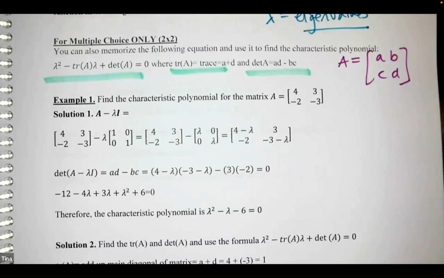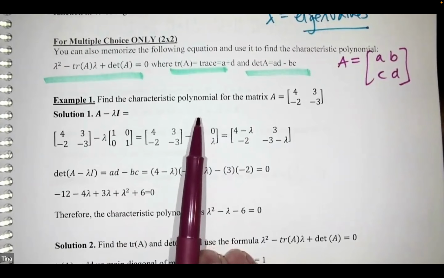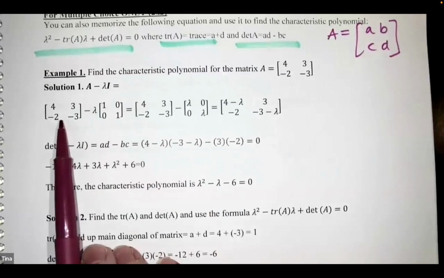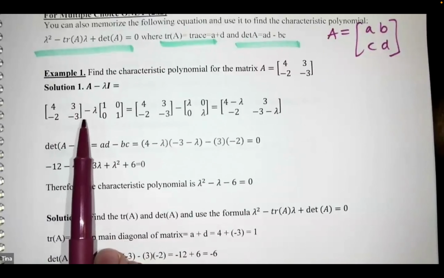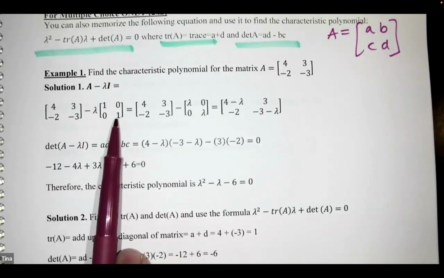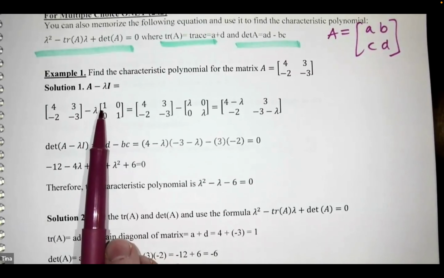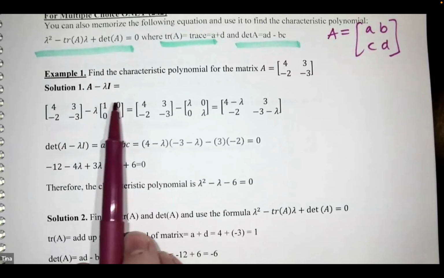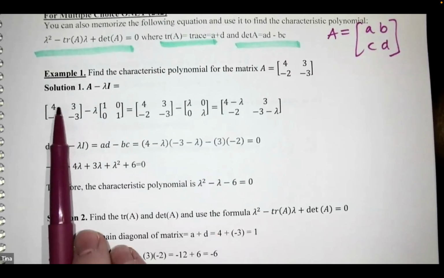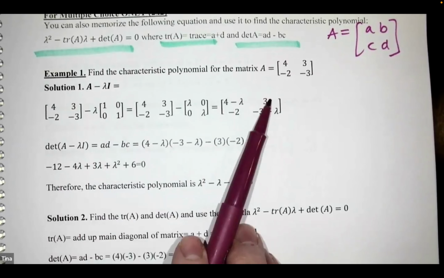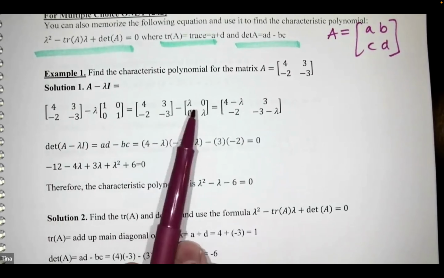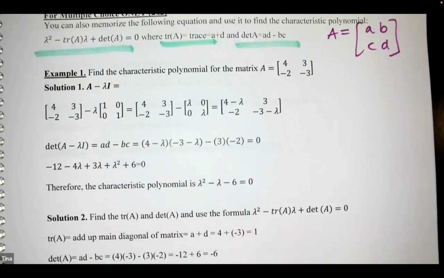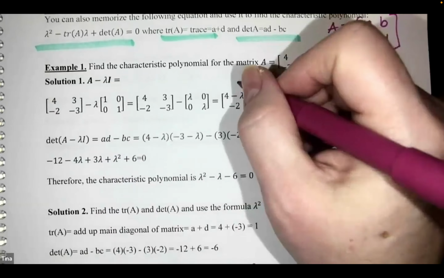So here, method 1, if we want to use det(A minus lambda I) equals 0, here's our matrix A: 4, 3, negative 2, negative 3, minus lambda times the identity. Identity for 2 by 2, remember, is 1, 0, 0, 1. So really this is 4 minus lambda, and then 3 minus 0 is 3, and negative 2 minus 0 is negative 2, and negative 3 minus lambda is negative 3 minus lambda.